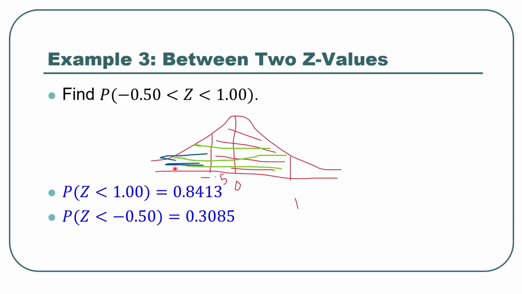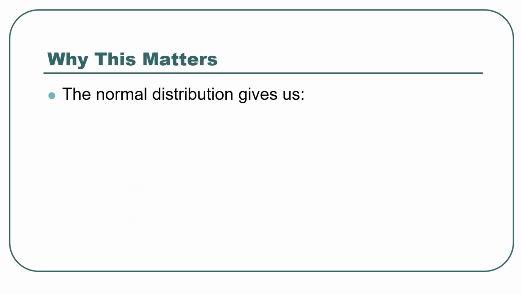So the smaller area is the blue one, the bigger area is the green one, and actually our target from the beginning was to find the area in between, from minus 0.5 to 1. So the difference between these two is the answer. So the probability of my z between minus 0.5 and 1 is equal to 0.53.